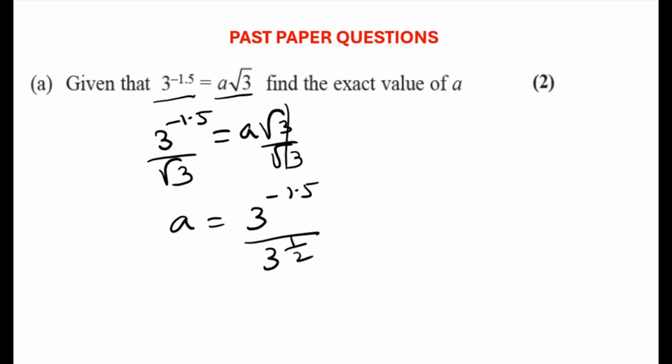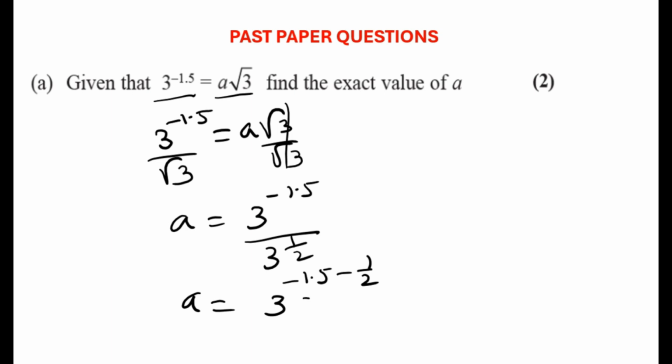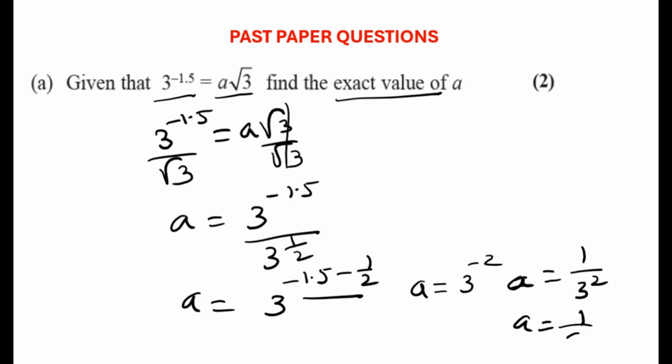Square root is a power half. A is equal to 3 to the power minus 1.5 minus half, because if there is a division, we have to subtract the powers. Put this in a calculator and simplify, you will get 3 to the power minus 2. But they are telling you to find the exact value of a. So we have to simplify further. So a equals 1 over 3 squared, which will give you 1 over 9. So this is our final answer. 1 over 9 is the exact value of a.